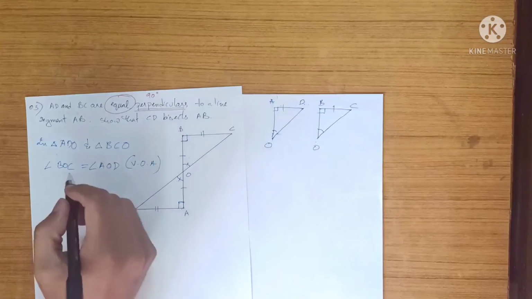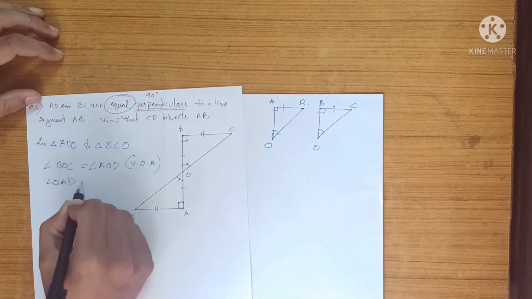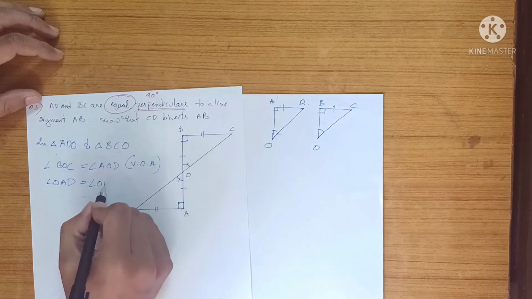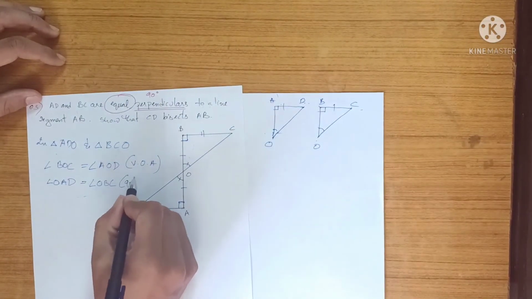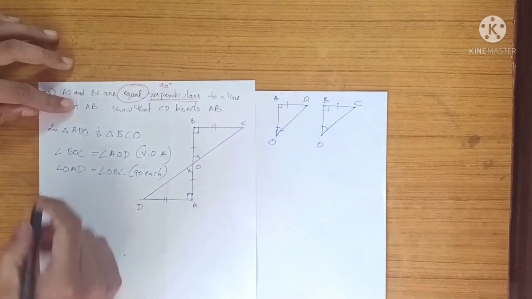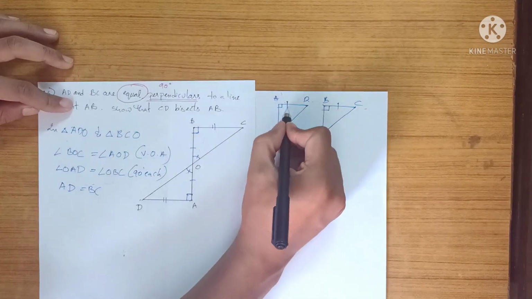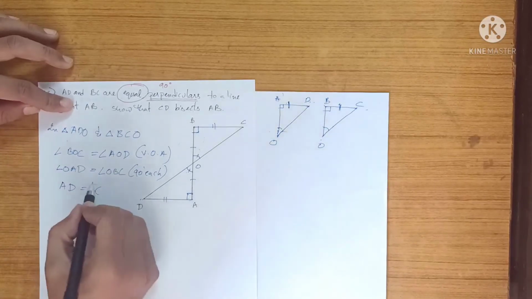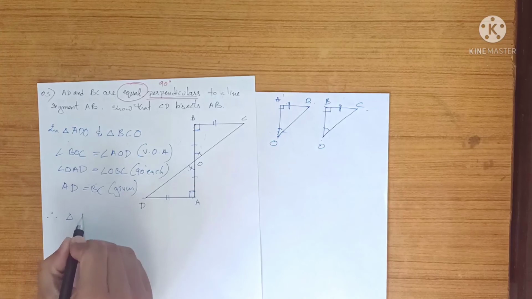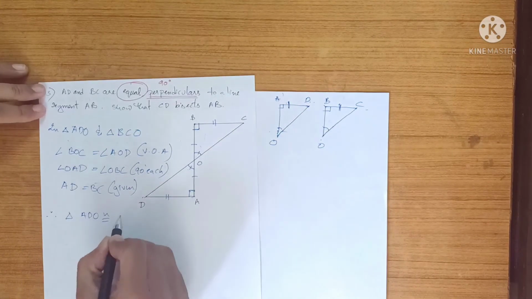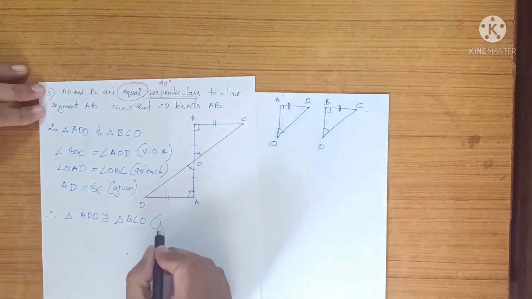Okay, next, angle OAD equal to angle OBC, 90 degrees each. And then we can write AD equal to BC. Why? Because they are given in the question. Therefore, triangle ADO is congruent to triangle BCO by what rule? Angle side.